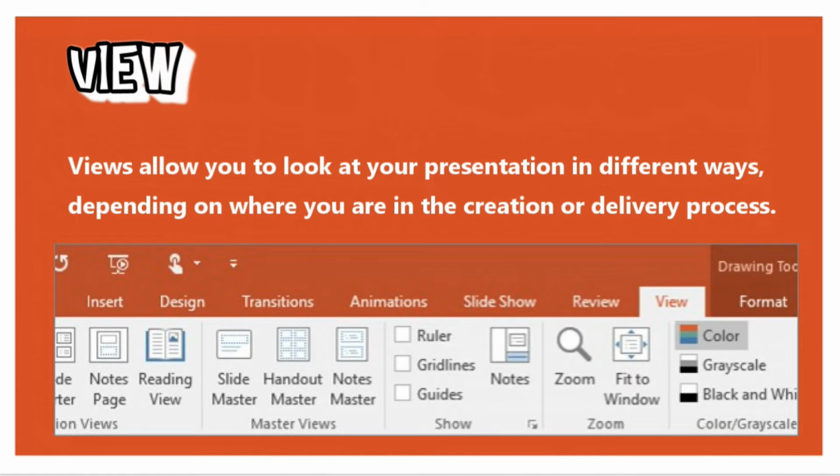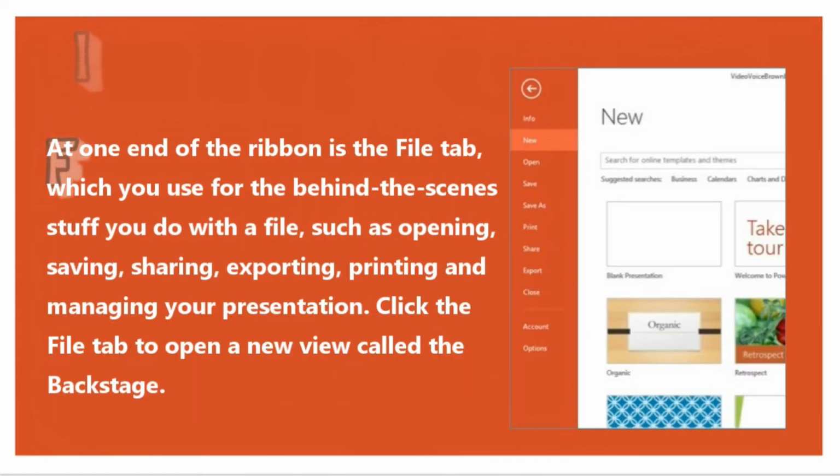Views allow you to look at your presentation in different ways, depending on where you are in the creation or delivery process. File. At one end of the ribbon is the File tab, which you use for the behind-the-scenes stuff you do with a file, such as opening, saving, sharing, exporting, printing, and managing your presentation.